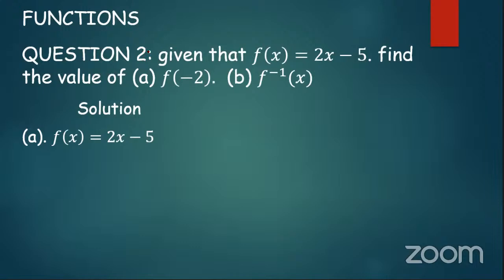So since it is now f of x, f of x is 2x minus 5. So if we are finding f of negative 2, where there is x, we substitute there a negative 2. So f of negative 2 will be equal to 2 times negative 2 minus 5. So what is 2 times negative 2?